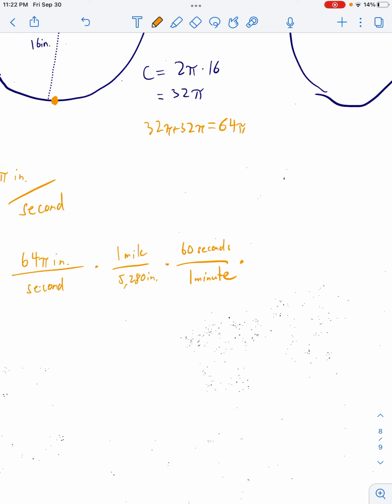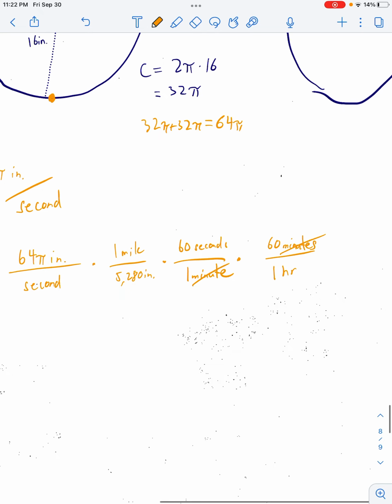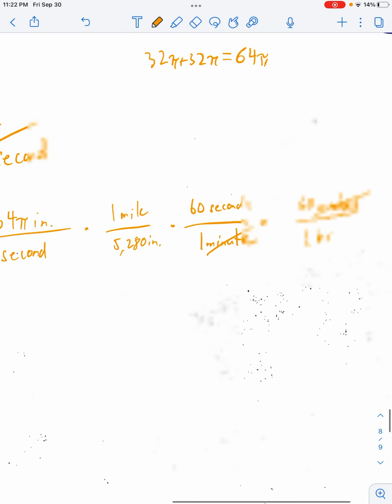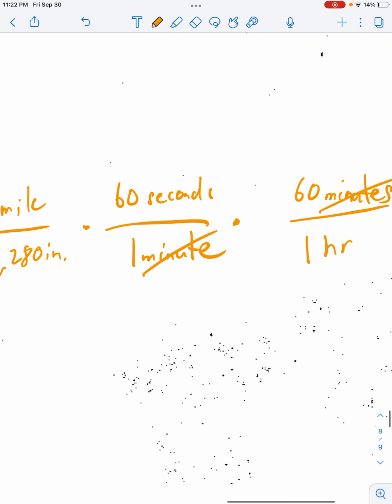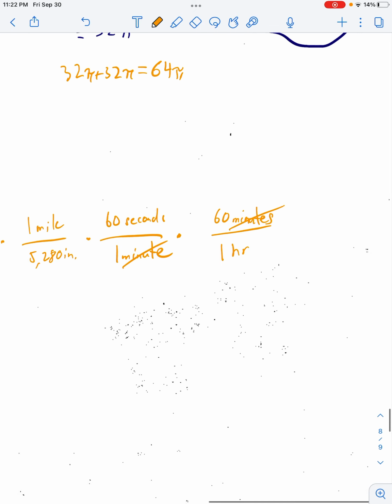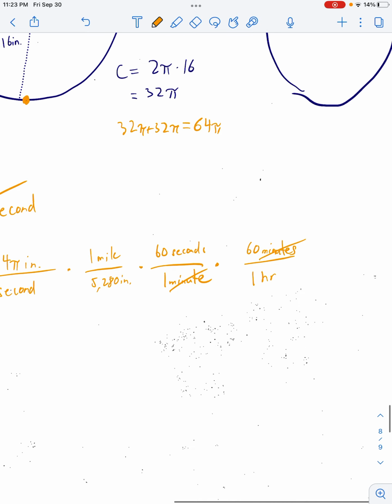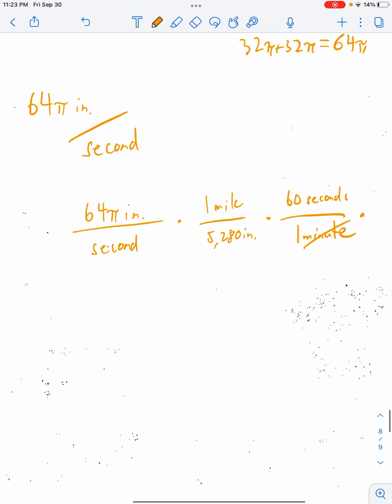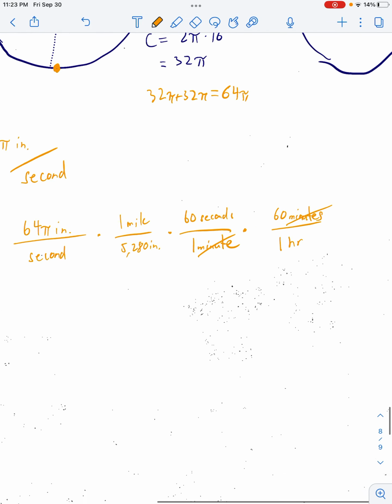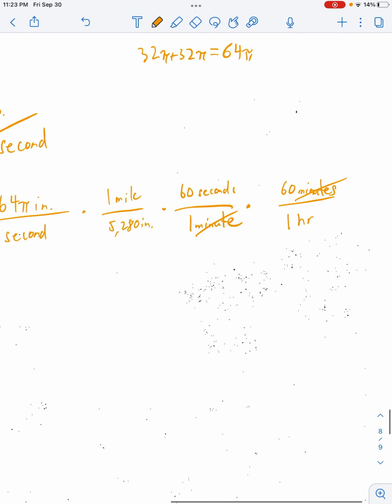And then my last step, there's 60 minutes in 1 hour. I put the minutes in the numerator to cancel with the minutes in the denominator. It makes sense that when I go from seconds to minutes and minutes to hours I multiply by 60, because the bike is going to travel a whole lot farther in a minute and even more in an hour than it's going to travel in 1 second.